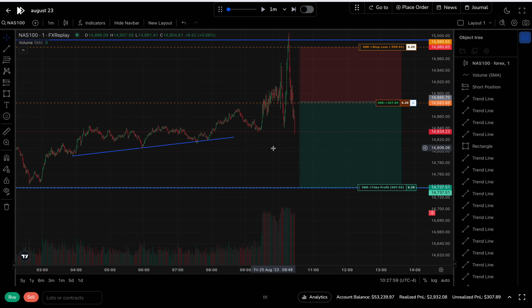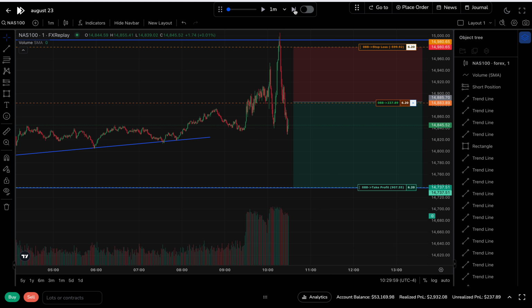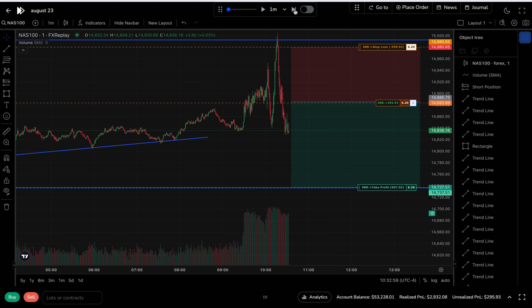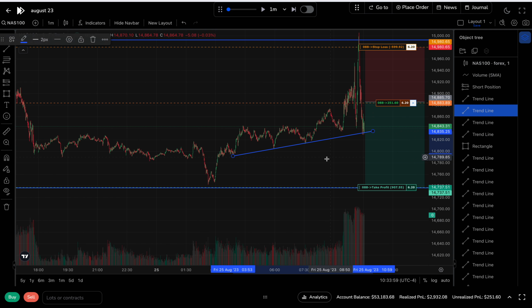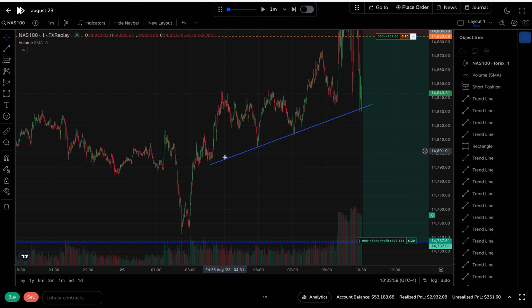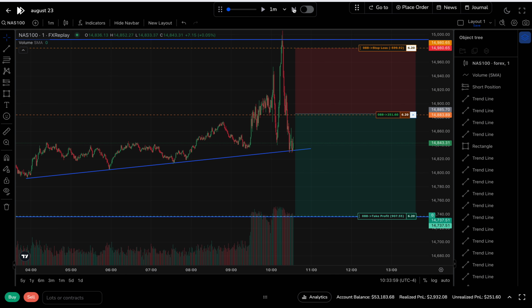I wish I got a better fill on this, but let's just see. Do we add to this trendline liquidity? Okay, we did just add to this trendline liquidity, so I'm still expecting it to get ran.